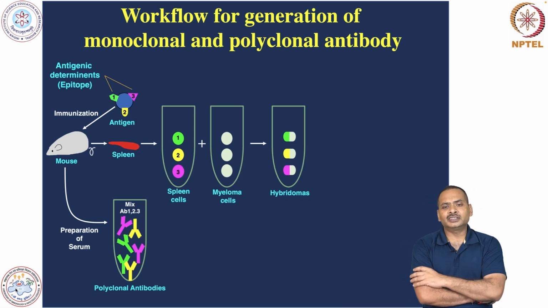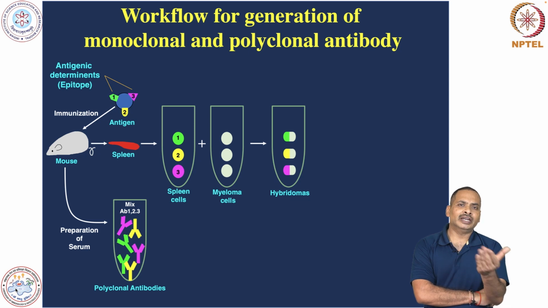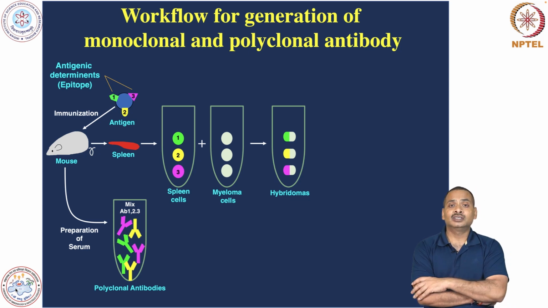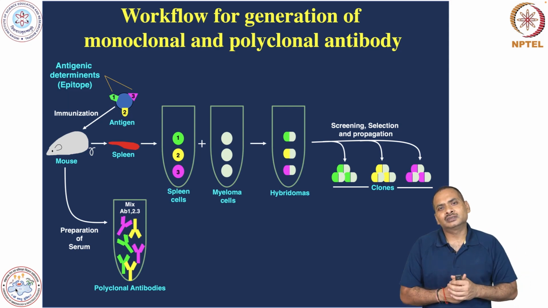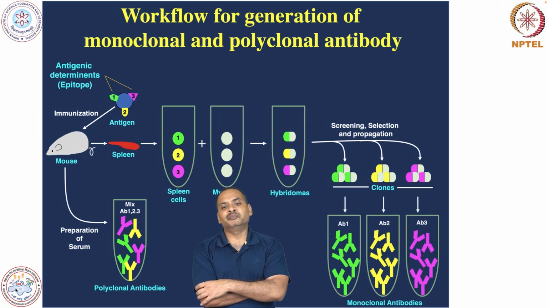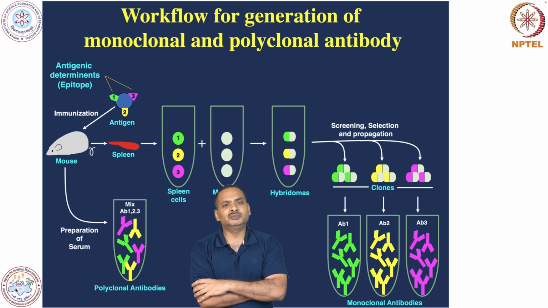Once you have these immortal cells which can produce your antibody of interest, you can expand those particular cells and make one kind of antibody. Try to understand, from a polyclonal antibody, isolating one particular kind of antibody is extremely challenging.